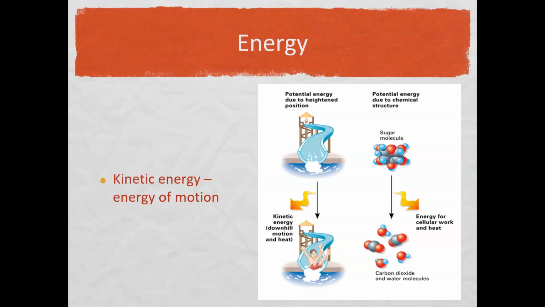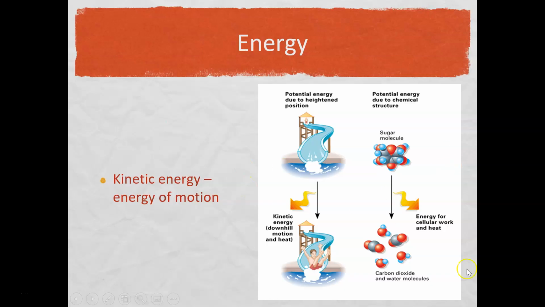So that person going down the hill, somebody walking down a set of steps, or in this case in the image, somebody sliding down a water slide. All right, the potential energy is heightened at a higher position at the top of the slide, and that kinetic energy, that downward motion, happens as they come down the slide, and that's the kinetic piece.